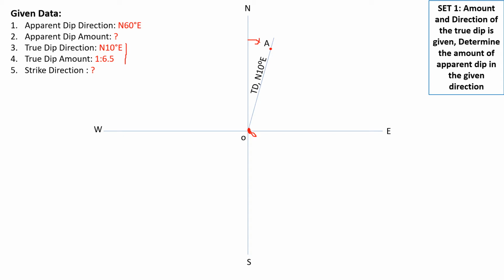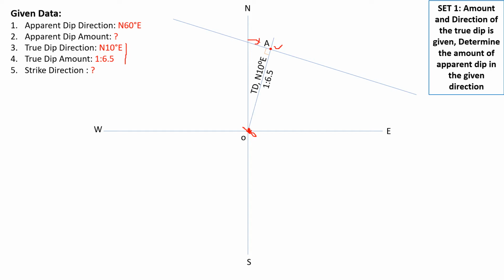So I'll draw a perpendicular to the line OA at point A. Then, parallelly, I'll transfer this strike line from point A to point O.